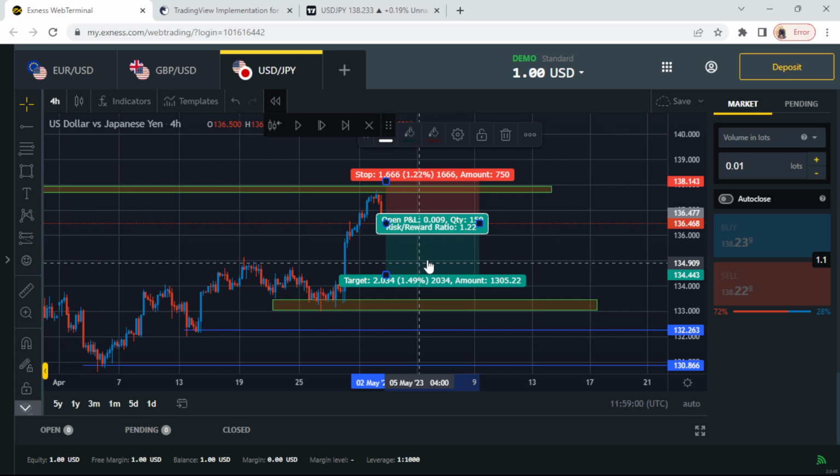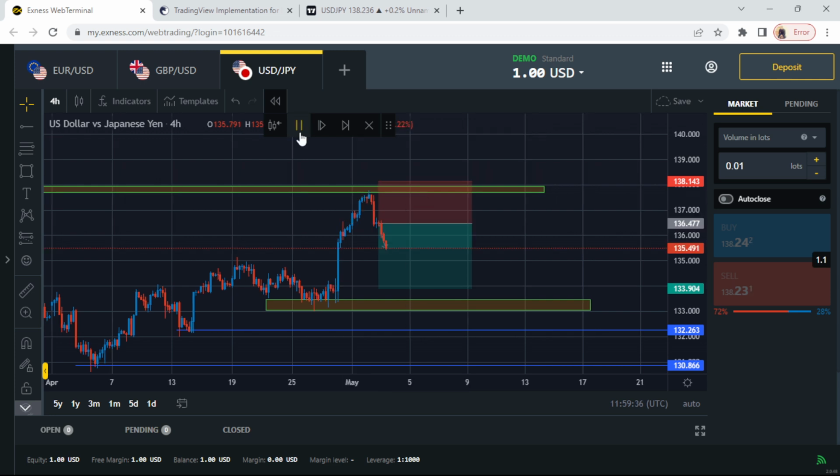Now if you are on this and your target is twice this, or let me just pull it down to just above your last level of support. This was going to be your take profit and this was going to be your risk. Now let's play this and see what the price will do.